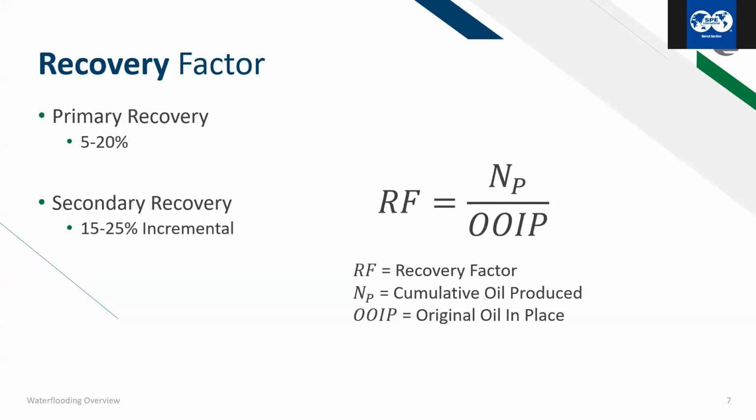A lot of people will use gross original oil in place. So that's just counting all the oil that exists in the reservoir, and that's great. But especially in a water flood, that can result in a lower recovery factor than what you might expect because you're including all of the oil, right?